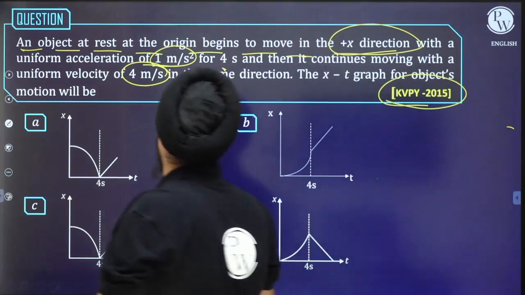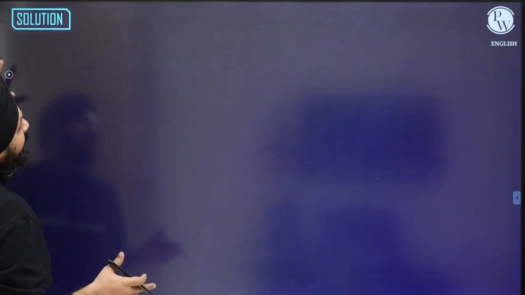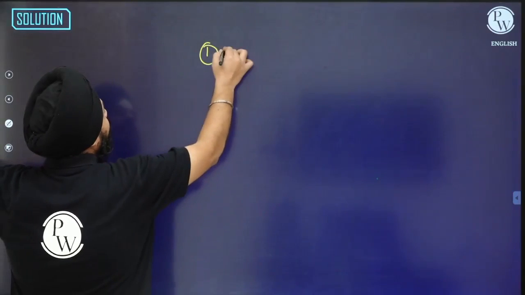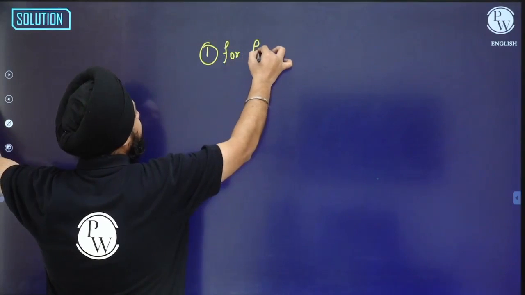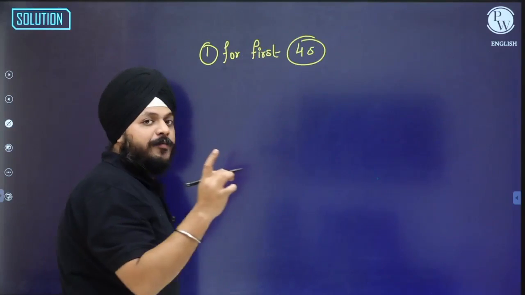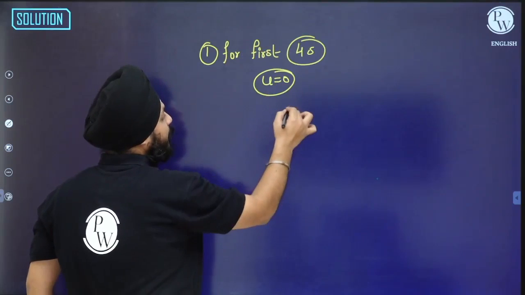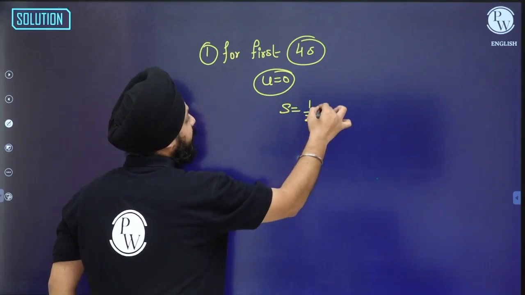Okay, an object at rest at the origin. See now, for the first 4 seconds it is moving with a uniform acceleration. So it is starting from rest, u is equal to 0. For uniform acceleration, s is equal to half at square.